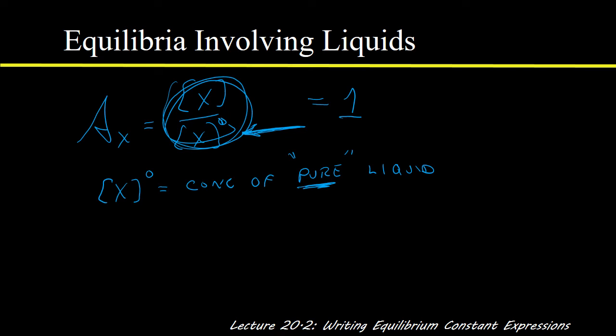But if you're doing the same reaction in a solution that was 50% water, 50% ethanol, then that would not be considered a pure liquid, and you would not put a 1 there. You'd have to do something else. But again, just like with solids, everything I've ever seen in the textbooks and anything I've ever put on a quiz before always includes the assumption that all of the liquids are pure liquids. So we'll just put in 1s for all of those.